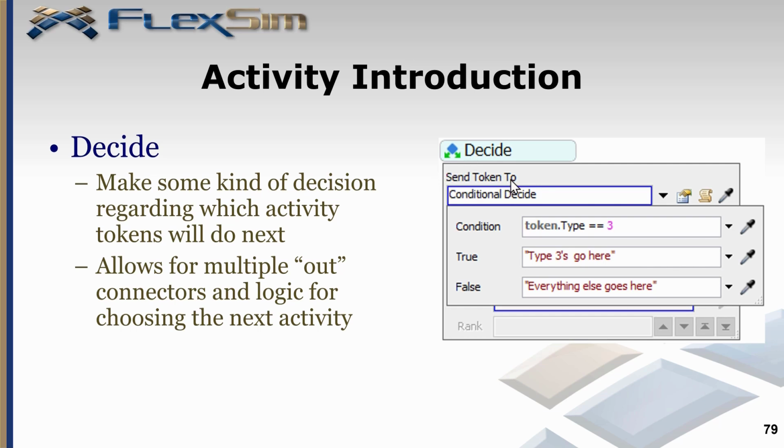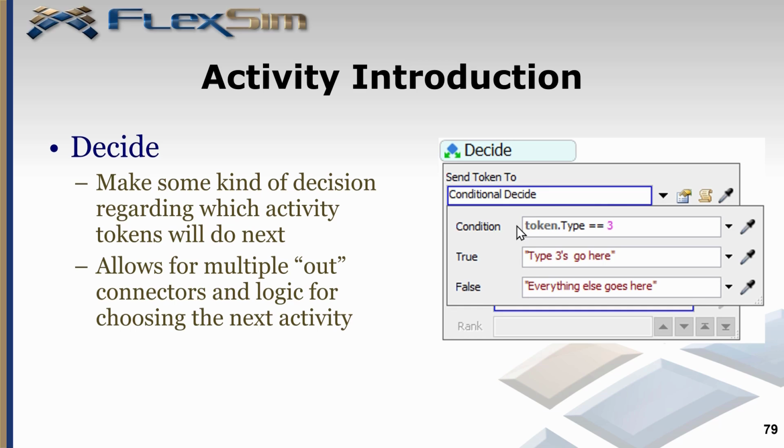It'll have a field called send token to. In this image, this down button was clicked on, and then from a list of choices, the conditional decide option was chosen. And this is what the pop-up looks like for the conditional decide. It'll have a field called condition, and then fields called true and false.